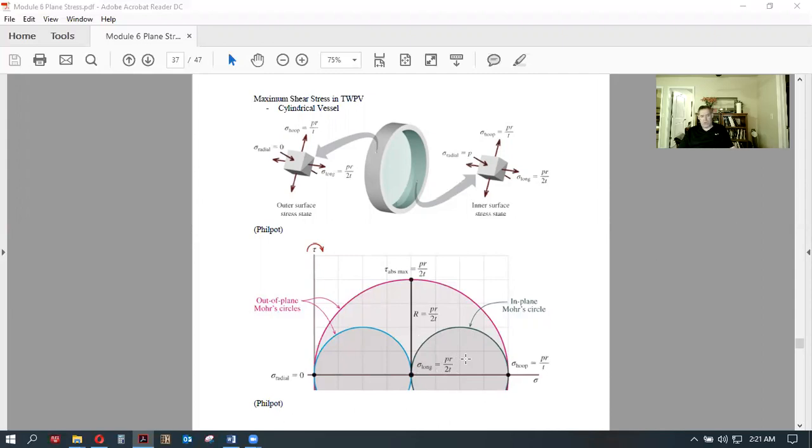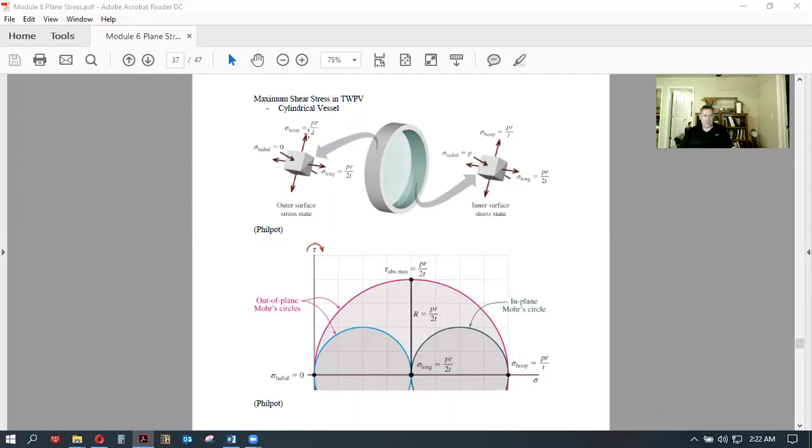Right now, if you were to look not at that in-plane, but rather recognize that on the outer surface, you have zero normal stress. So if you were to take a little slice through the wall thickness and look at it where you see this little longitudinal stress, but now you're looking down that barrel and you just see that little square on that little surface, then you have a zero radial stress.